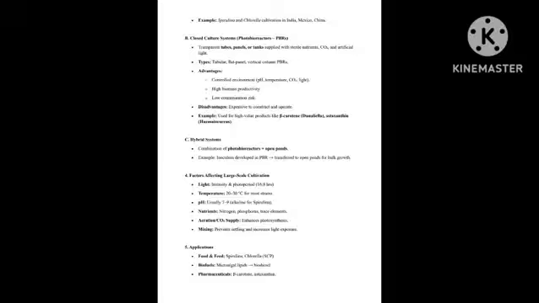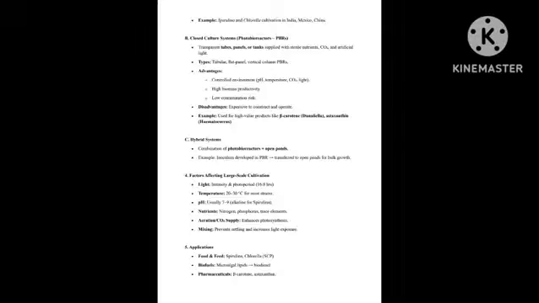And next, B is the closed culture system. This is the photobioreactor: transparent tubes, panels, or tanks, supplied with sterile nutrients, CO2, and artificial light. The types are tubular, flat panel, and vertical columns. Advantages: controlled environment of pH, temperature, CO2, and light, high biomass productivity, and low contamination risk.